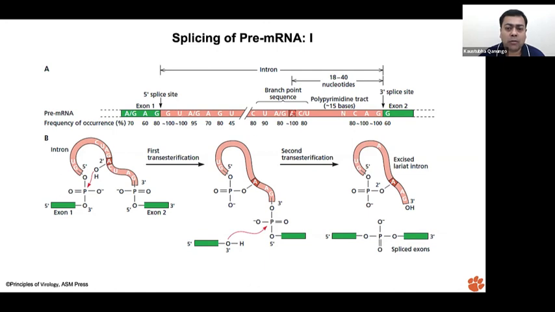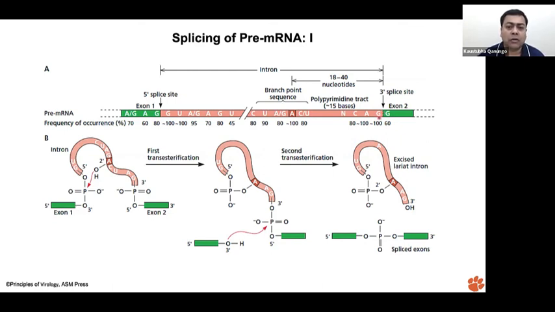On the other hand, look at this A: these AGs are also 100% conserved, and these are the 3' splice site. So you can easily see that where the cutting is happening, those residues are extremely conserved throughout all the different mRNAs, and the viral mRNAs are no exception. It is the same for them as well.